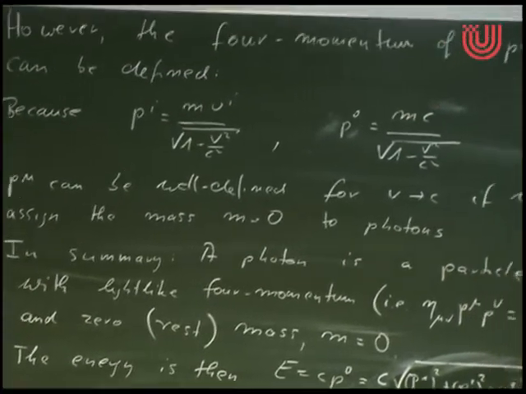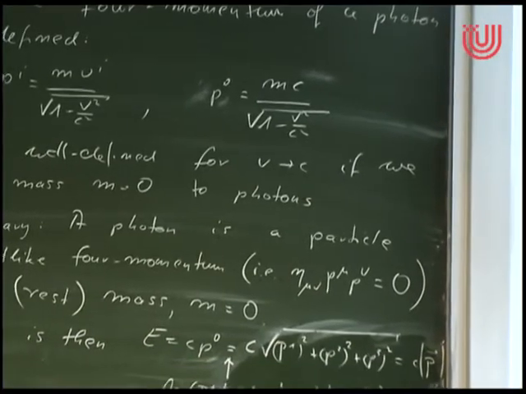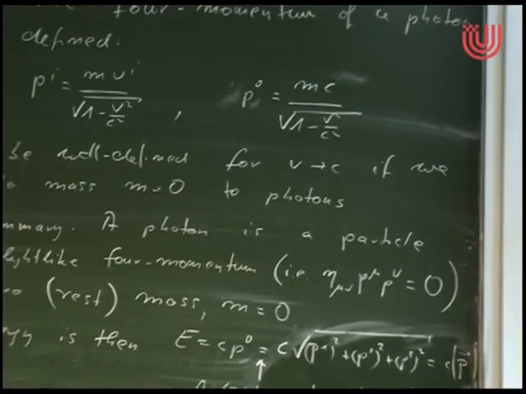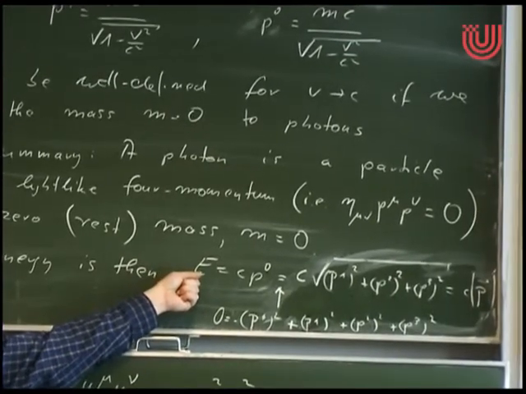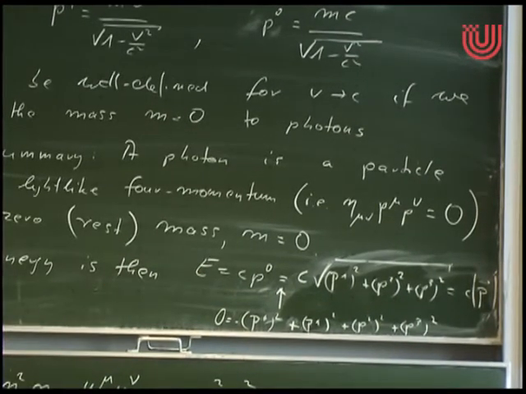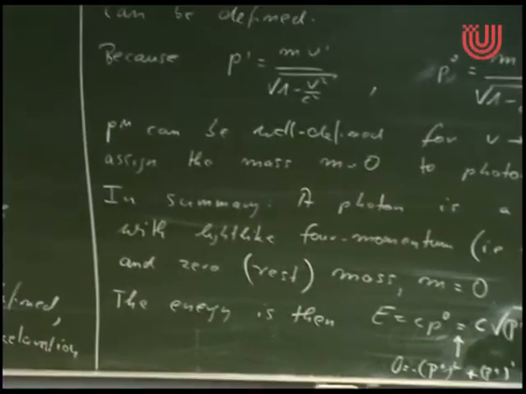So we will now derive the Doppler effect, which tells us, in the particle picture, how the energy of a photon transforms from one inertial system to another inertial system. And we will calculate the aberration formula, which tells us how the direction from which a photon comes changes if I go from one inertial system to another one.